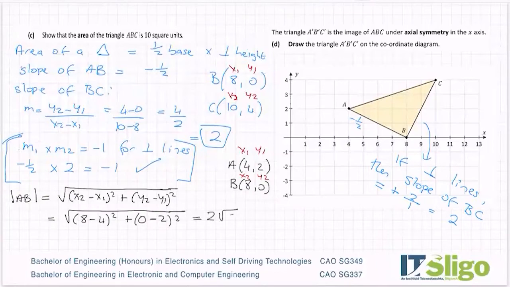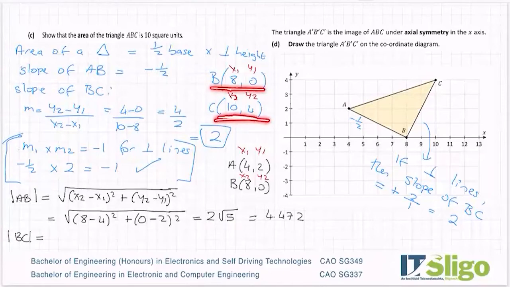So you can leave it as a surd, that's what that's called when there's a square root sign in it, or of course you can S to D it to change it to a decimal if you want, okay? It's up to you. Right, let's get the length then of BC. So I'm going to use these 2 points here and put them into the same formula.